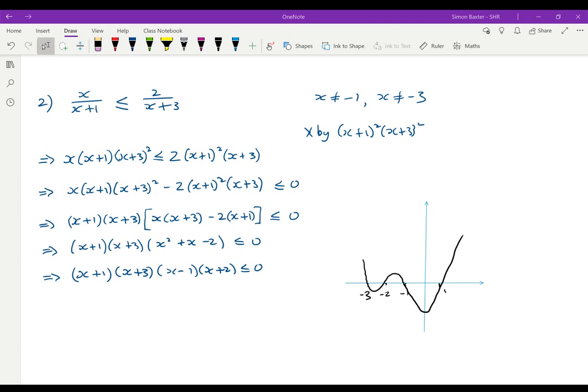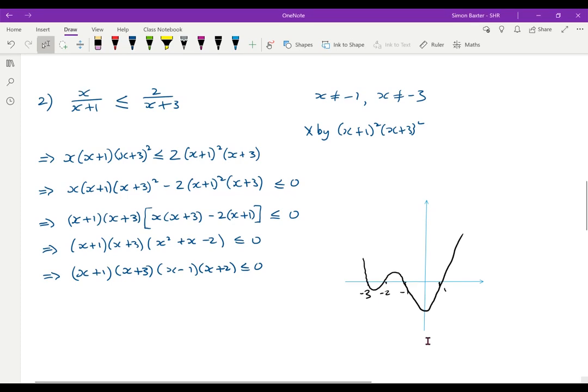And that's a good enough sketch for us to see what's happening. Less than or equal to 0 means below the axis, that's minus 3 less than or equal to x less than or equal to -2, or -1 less than or equal to x less than or equal to 1.